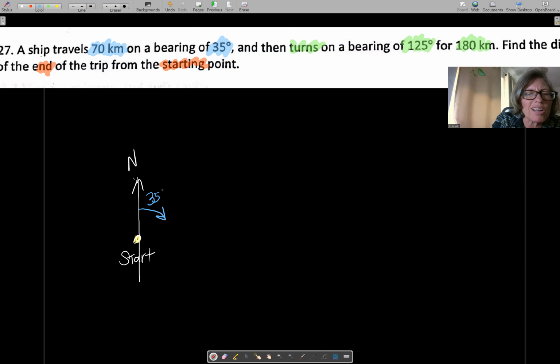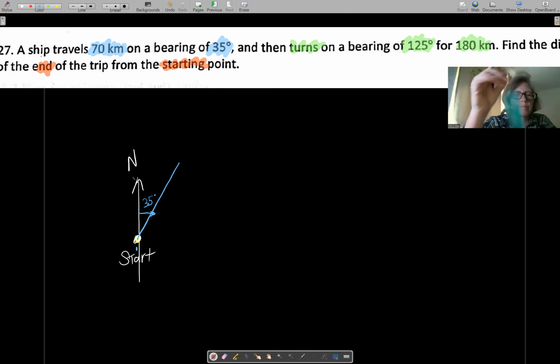It helps if you kind of draw it to scale. Doesn't have to be perfect, but that's closer to 70. Let's squeeze that up a little bit. 35 degrees is more like this. Okay, so we got 35 degrees. So we're going to travel along that distance for 70 kilometers. 70 km.